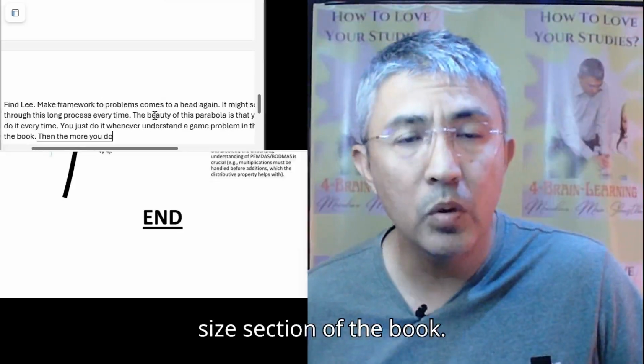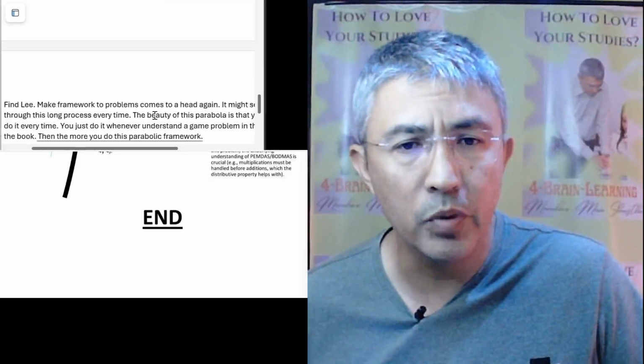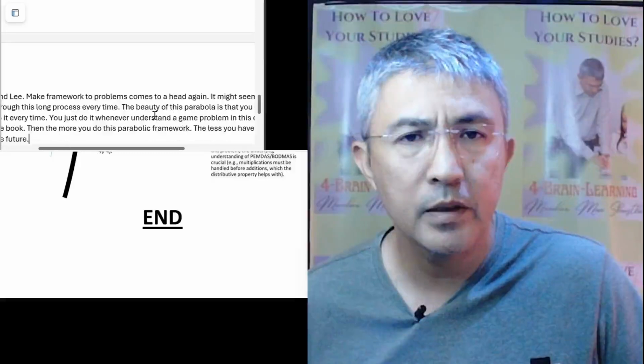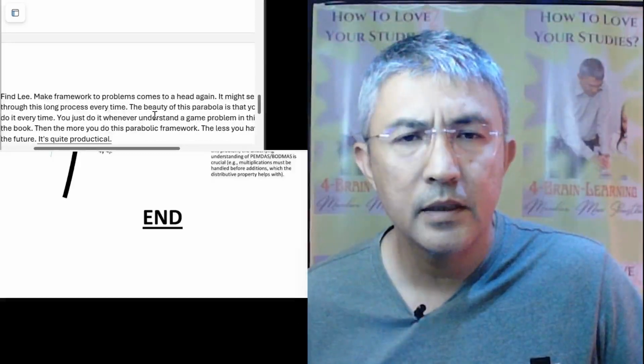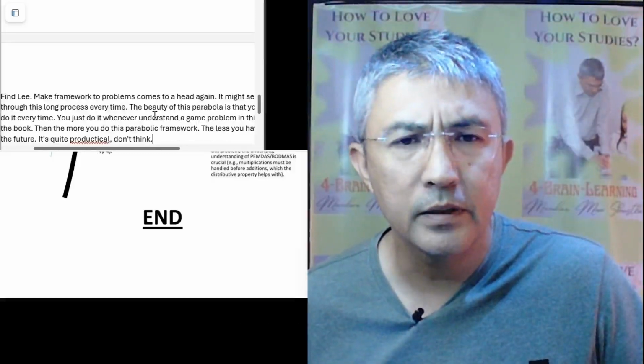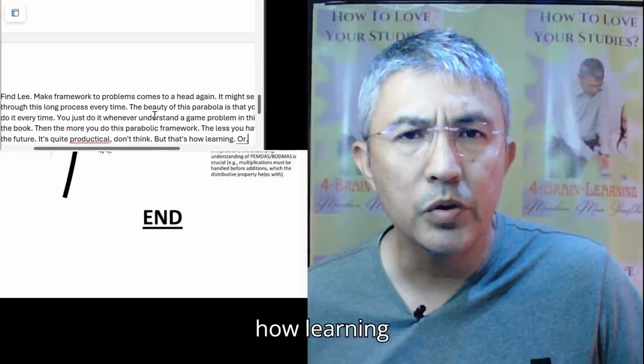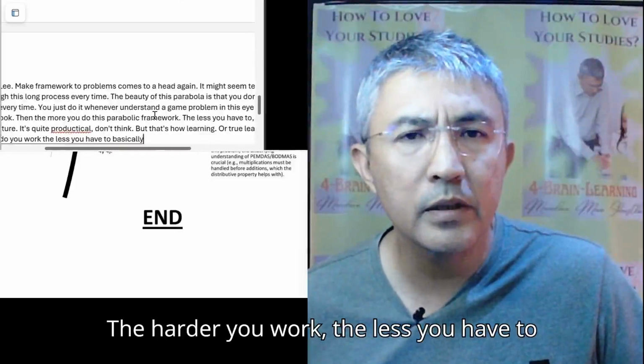Then, the more you do this parabolic framework, the less you have to do it in the future. It's quite paradoxical, don't you think? But that's how learning, or true learning, works: the harder you work, the less you have to.